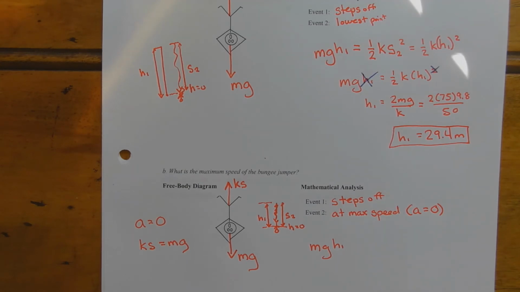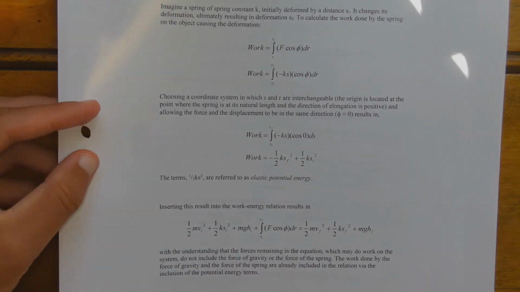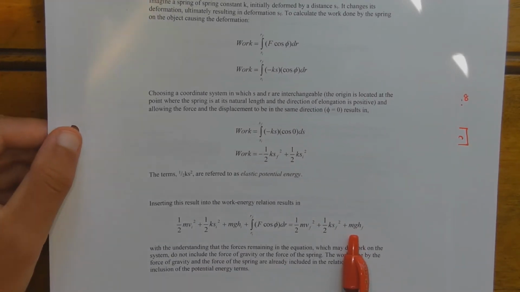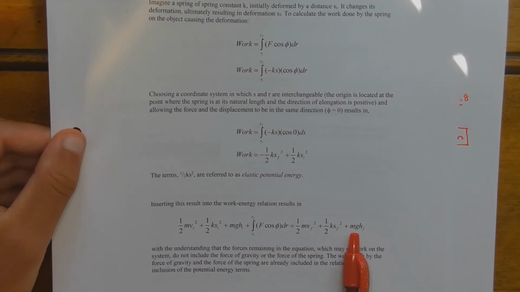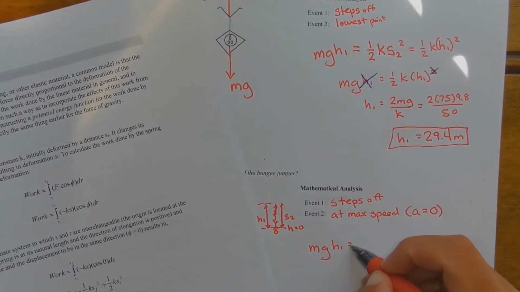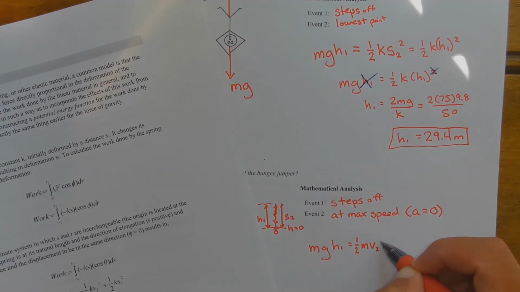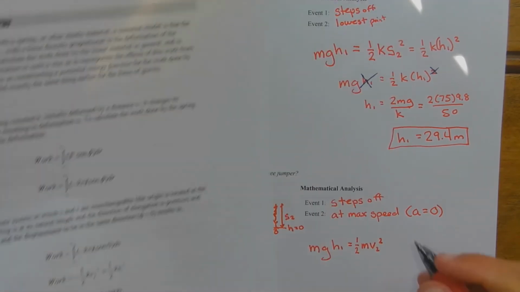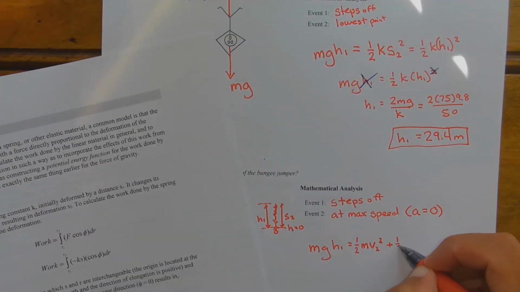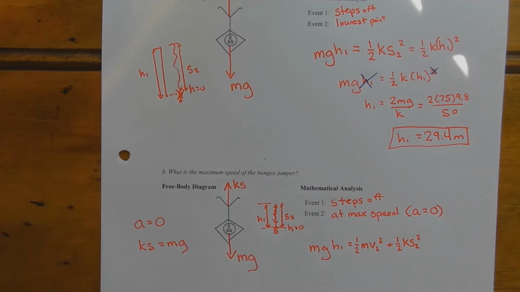So if I go back to my work-energy relationship, mgh is going to be equal to 0 because I said it was. And then I have kinetic energy, so this is 1/2 m v2 squared, and I'm looking for v2, and I have 1/2 k s2 squared also, but remember this is not the same s2 that we had previously.